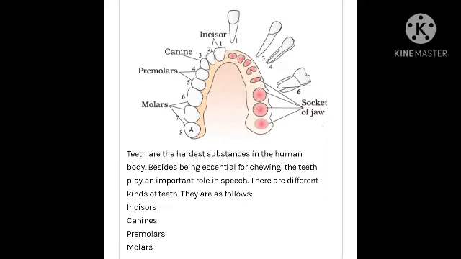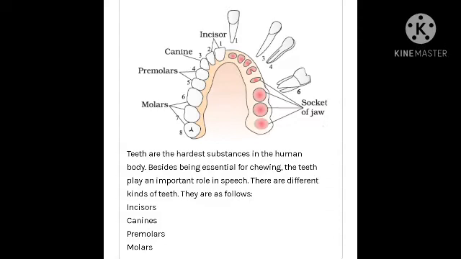Then we have premolars, and at the last the three sets are called molars. Sometimes the last molar on each side of the jaw appears at the age of 17 to 20 years, when humans reach maturity. So we call the last molar the wisdom tooth, because at that time the person becomes mature enough and attains wisdom.